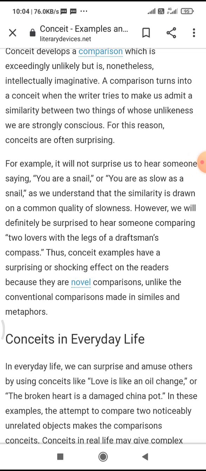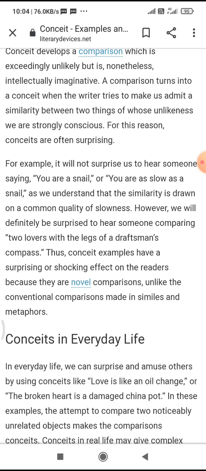"You are as slow as a snail": we understand that the similarity is drawn on a common quality of slowness, being compared in the man and the snail.